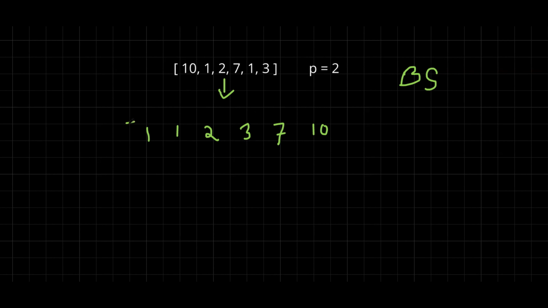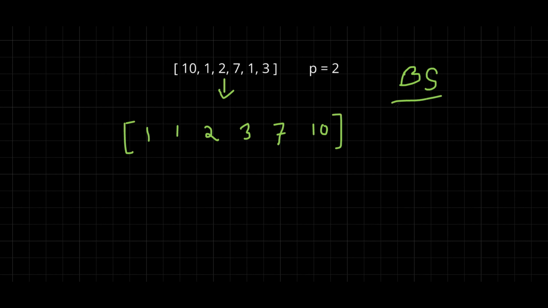Now, the basic intuition is, if in any kind of problem we apply the sorting operation, then there is a high chance that those kinds of problems can be solved using the binary search algorithm. So as we are applying the sorting here, let's try to understand how we can apply the binary search here.